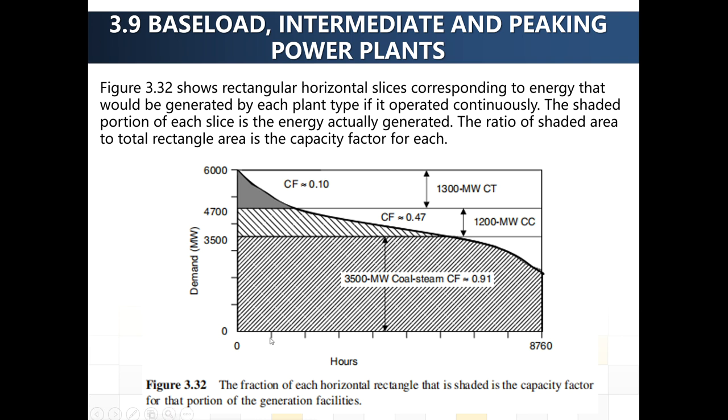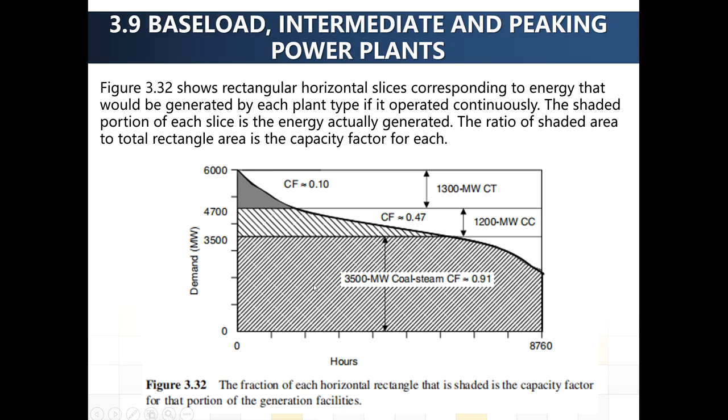Now, since the year has 8,760 hours, the total amount of energy below the curve is the total amount of energy that should be generated by the power plants.